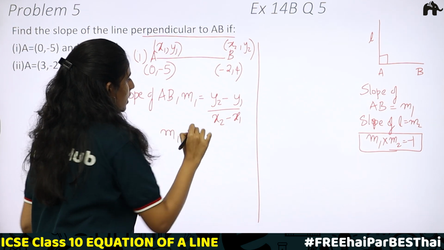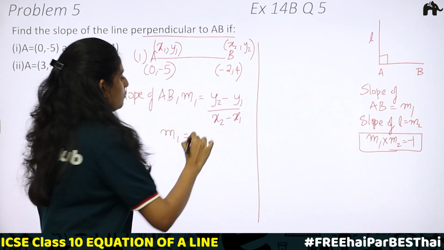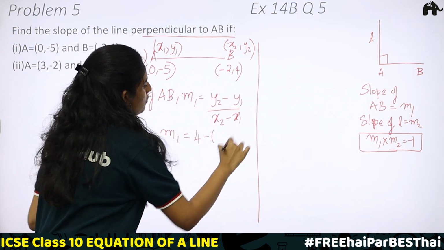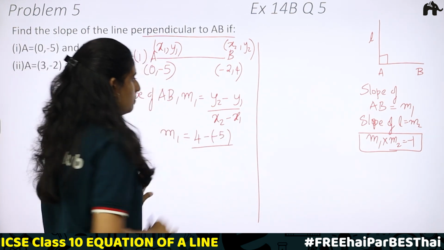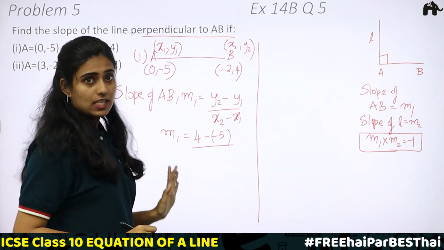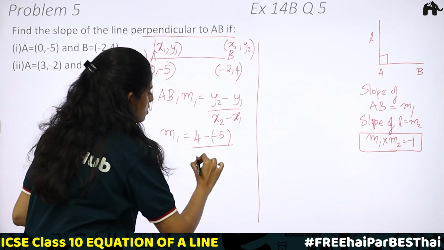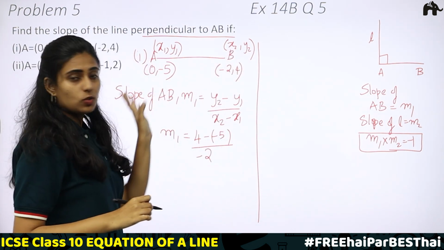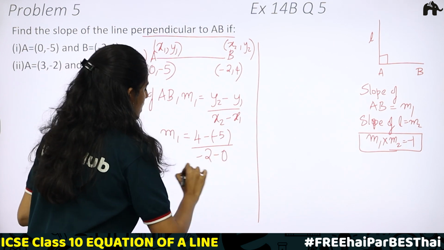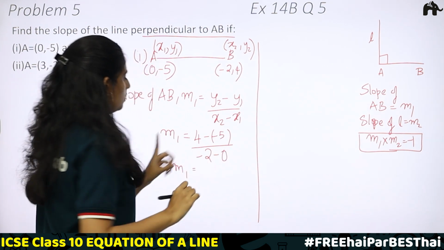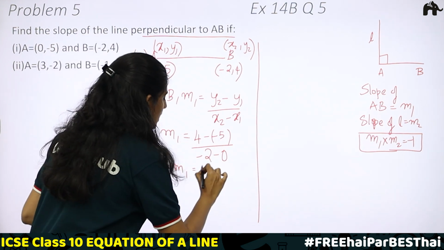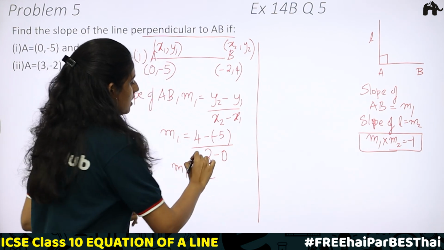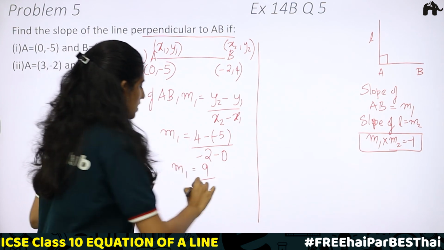m1 is equal to y2 minus y1, 4 minus of y1 is minus 5, divided by x2 minus x1. That is, x2 is minus 2 and x1 is equal to 0. m1 is equal to 4 minus of minus 5, 4 plus 5, that is 9, divided by minus 2 minus 0, which is minus 2.